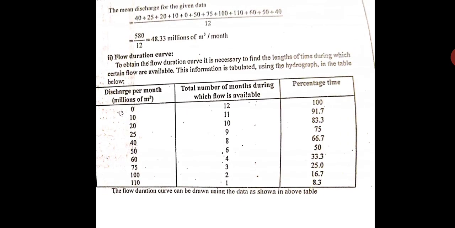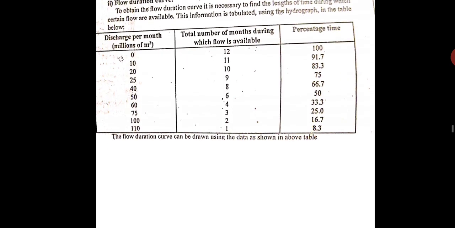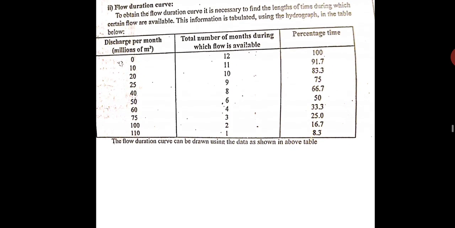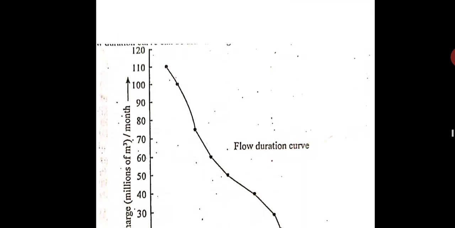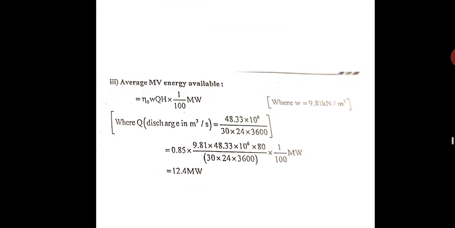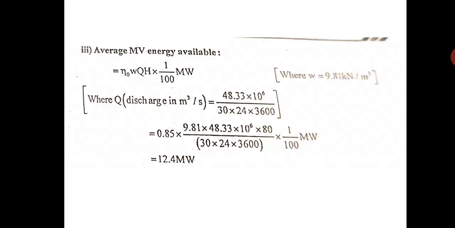Then second we have calculated the mean flow. Third we have calculated the percentage time for the flow duration curve. Then we have plotted the flow duration curve, and lastly, considering the mean flow, we have found out the average power generation in megawatt. Okay, thank you. In the next class we will deal with one more problem.